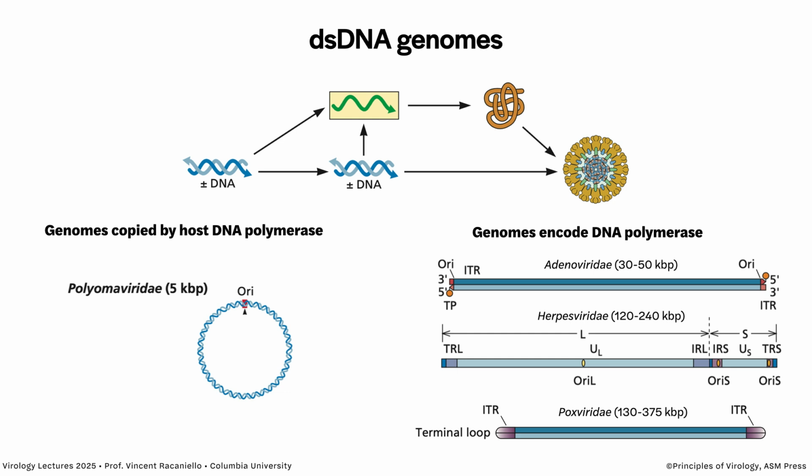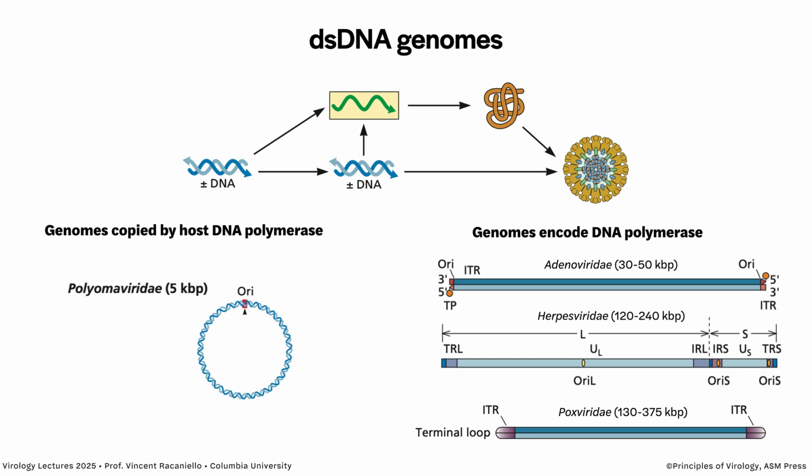They're relatively small. Here's a circular double-stranded DNA virus, about 5,000 bases in length. It's called polyomaviruses, and we'll talk about those later. These are too small to encode the DNA polymerase and all the stuff you need to copy DNA, so they are copied by host DNA polymerase.